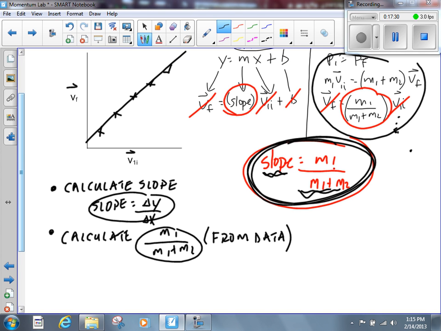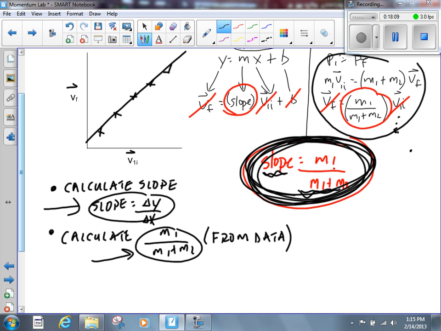So essentially, by verifying that this number equals this number, the assumption that we made to get the fact that those two should be equal to each other must be true. That will lead you to the conclusion that the law of conservation of momentum is verified here, and we know that because the value of the slope ends up being equal to M1 over M1 plus M2, meaning that because we assumed the law of conservation of momentum to get that, it must be true. We're good with that?